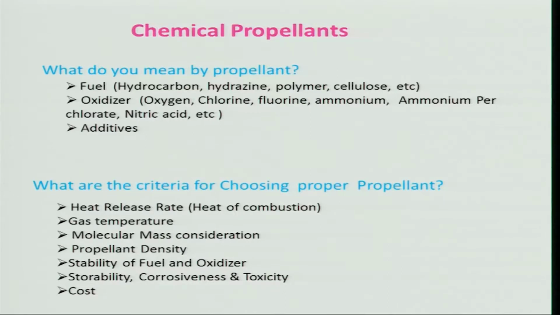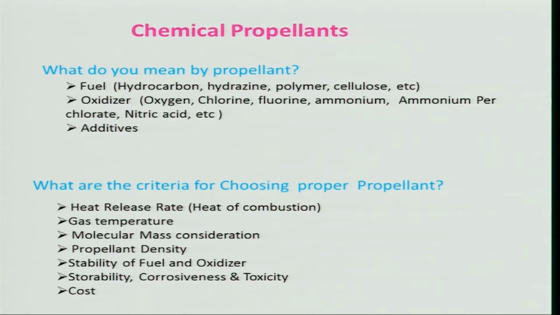Besides this, the molecular mass, or the molecular weight, must be lower. We have seen in the expression of thrust coefficient that it is inversely proportional to the molecular weight.